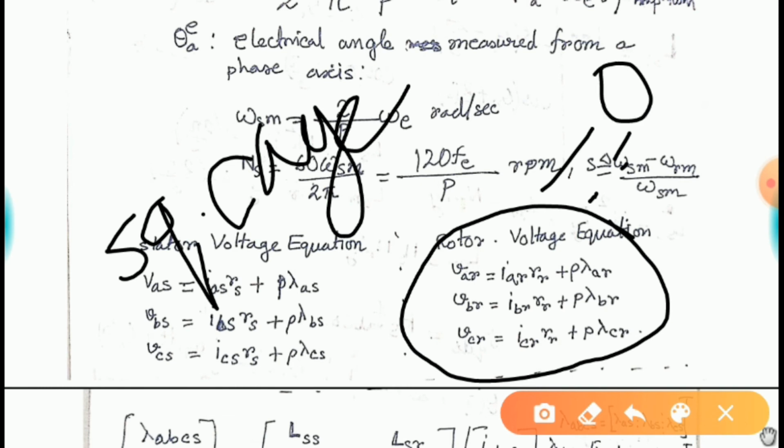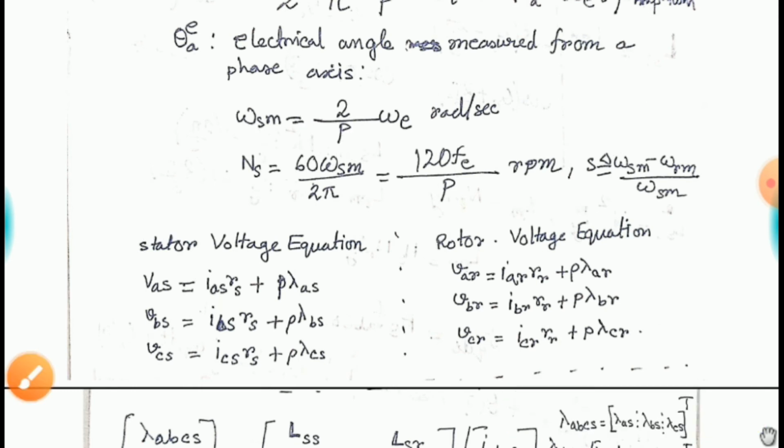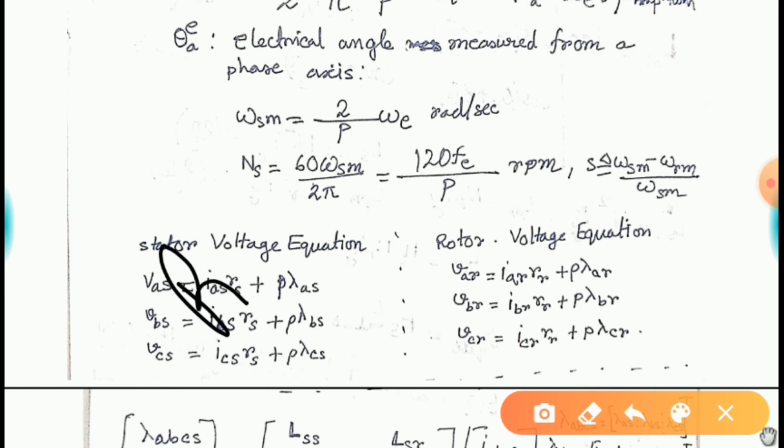VAR is equal to 0, VBR is equal to 0, VCR is equal to 0, just like the damper winding of your three-phase synchronous machine. We have analyzed the synchronous machine in that way. But here we have not mentioned VAR is equal to 0. Rather, we are writing a particular equation. Obviously, that is an equation for an RL series circuit.